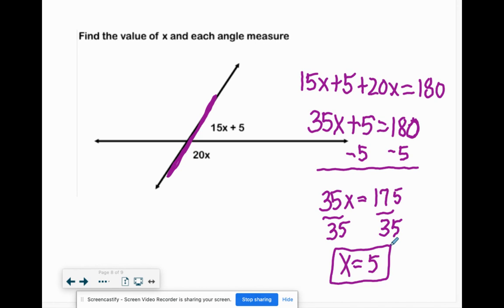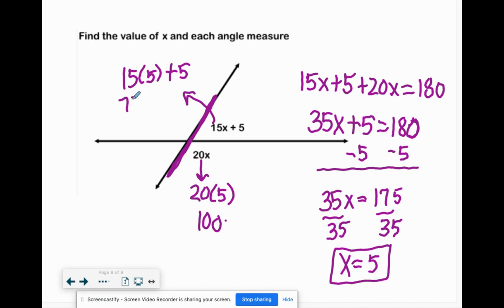Now we have to plug back in to find each angle measure. So if we do this 20x, 20 times 5 is 100. Yeah. That one's 100 degrees. 15 times 5 plus 5. That's a lot of 5s. Yep.